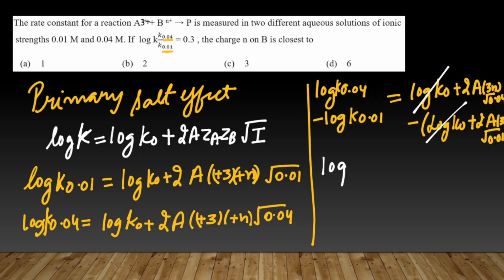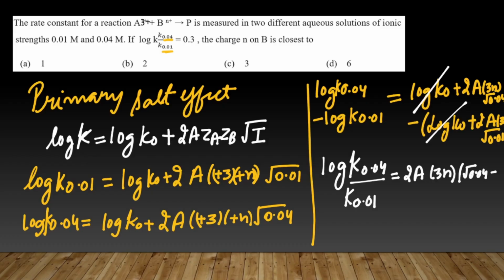On the left side it becomes log of K of 0.04 upon the rate constant of 0.01. This is equal to 2A times 3N into root 0.04 minus root 0.01. So this becomes 2 by 10 minus 1 by 10, into 2A times the 3N value.